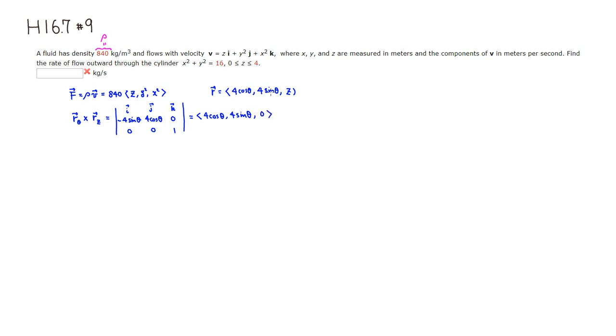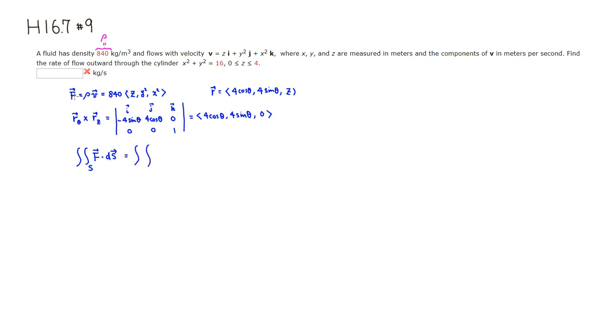So what we're looking for is the surface integral over the surface S, which is this cylinder, of F dot d vector S. So let's set this up.